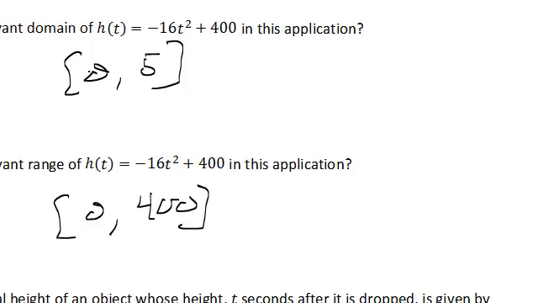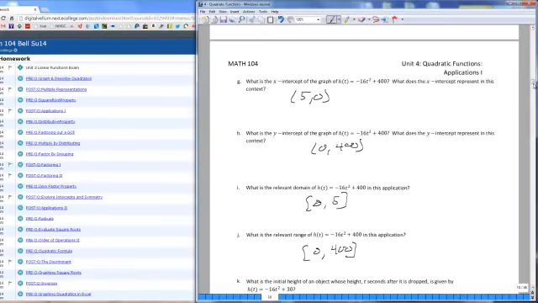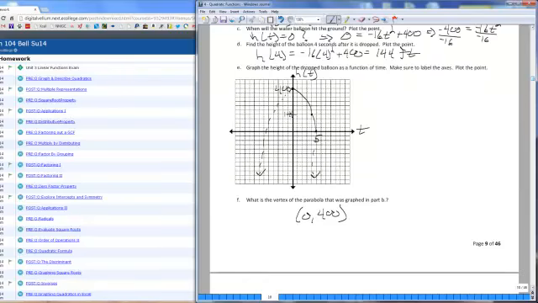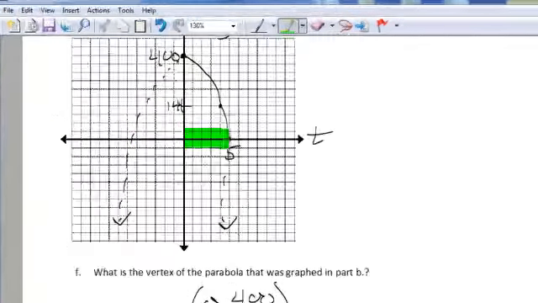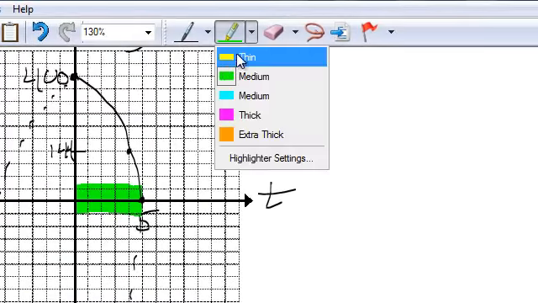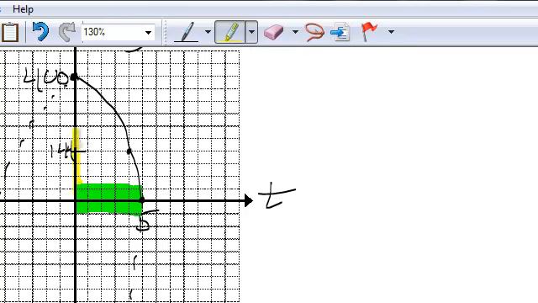So this is initial time, time when it hits the ground. This is height when it hits the ground, and the initial height. You notice that's graphed here. So our domain is from 0 to 5, and our range is from 0 to 400.